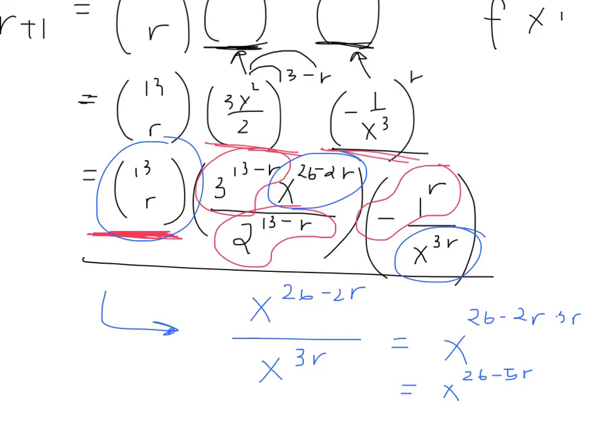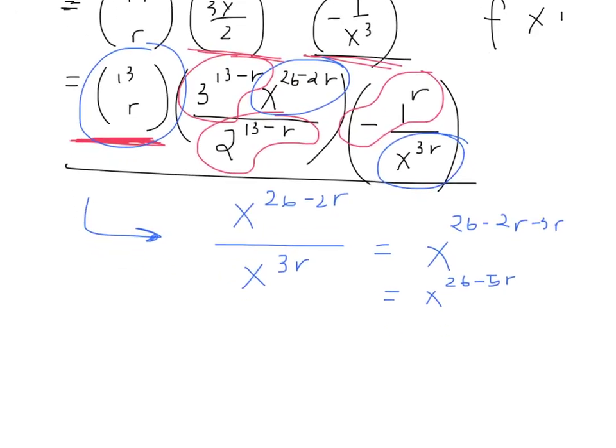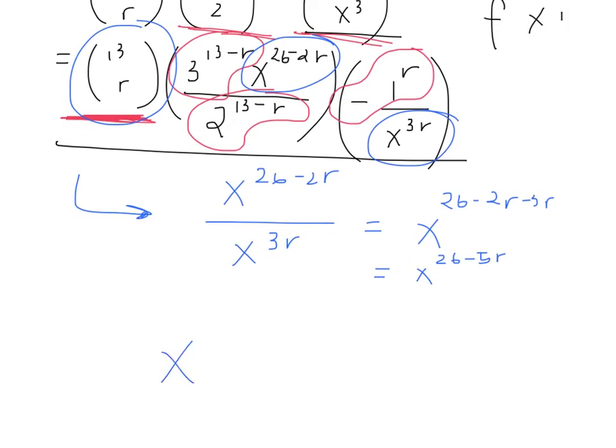Remember the idea? We want the x to have an exponent equal to 1. But this is exactly the x, so x to the 26 minus 5r. How do we find the r? What will we do with these exponents?